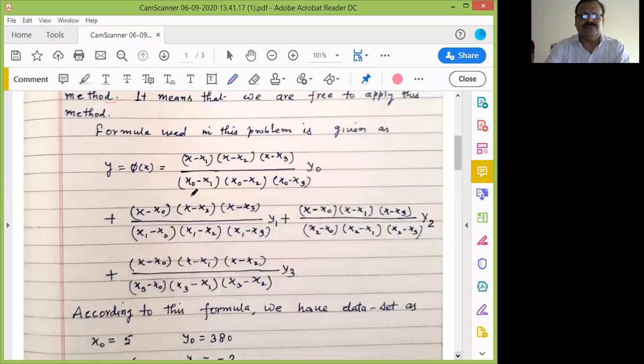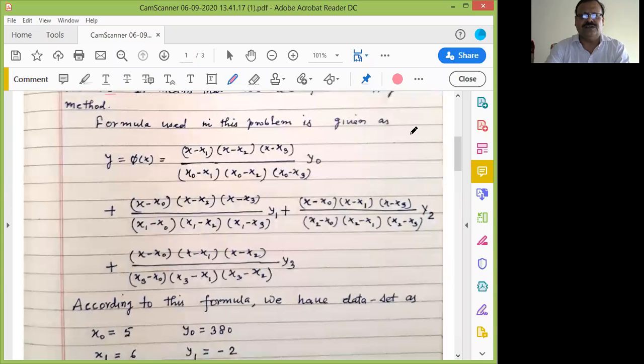The formula used in this problem is, as usual, y naught. To remember this formula, I am telling you a rhythmic position to keep in mind. In the denominator for y naught: x naught minus x1, x naught minus x2, x naught minus x3. So x naught is taken here, then x1, x2, x3.